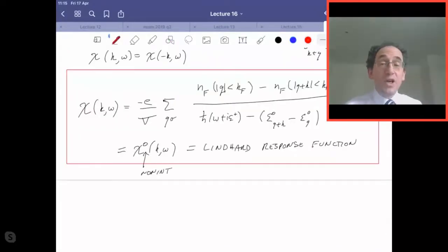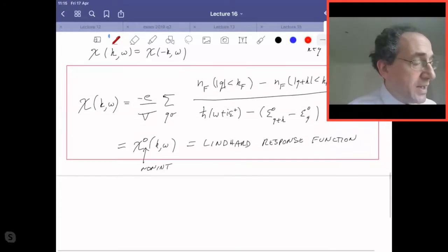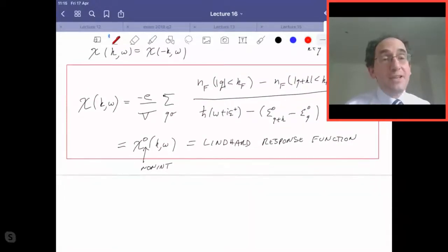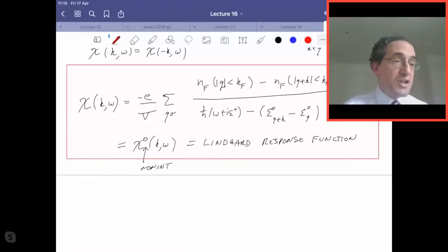For people who like Feynman diagrams, it's sometimes useful to rederive or rewrite this expression in terms of Feynman diagrams. If you don't know Feynman diagrams and Green's function techniques, that's fine.